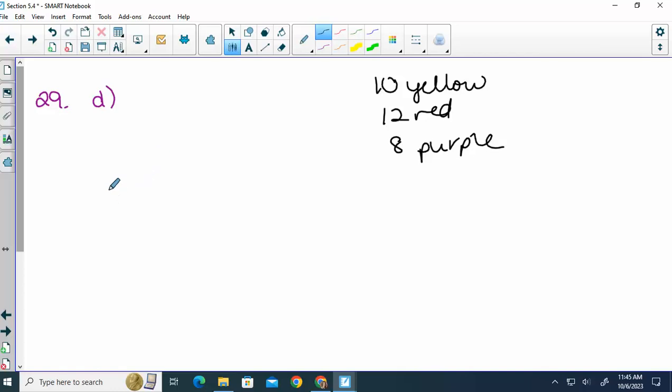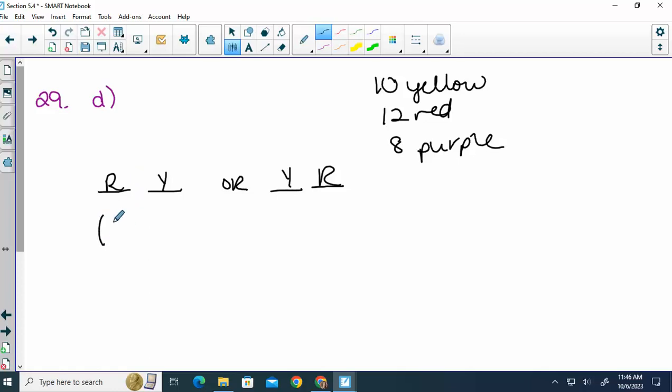So we are taking 2 bulbs out of here. And I want one of them to be red and one to be yellow. Okay, so that means the first one can be red and the second one could be yellow. Or, what's the other way I could get one red and one yellow? Yellow. If the first one were yellow and the second one was red. We agree with that? Okay, so red and yellow.